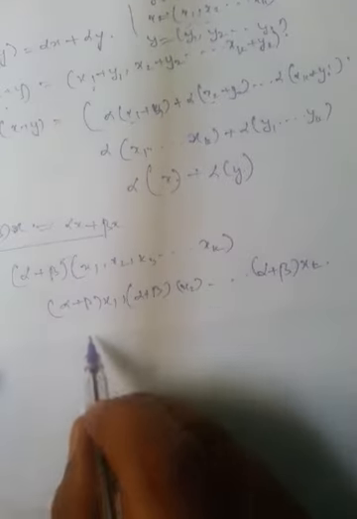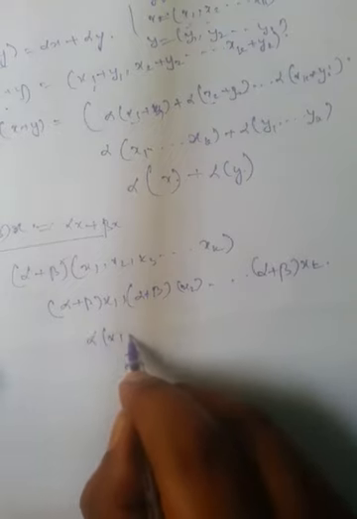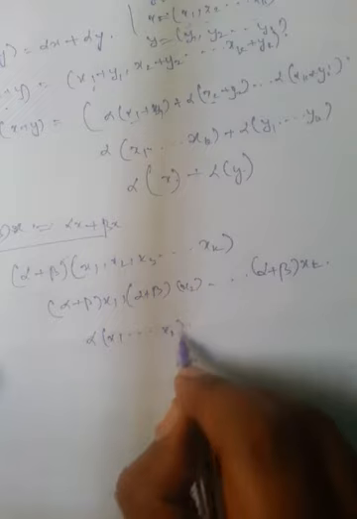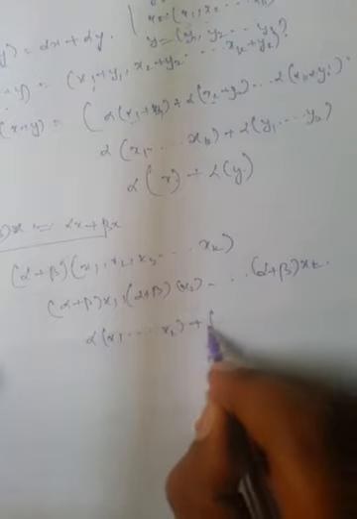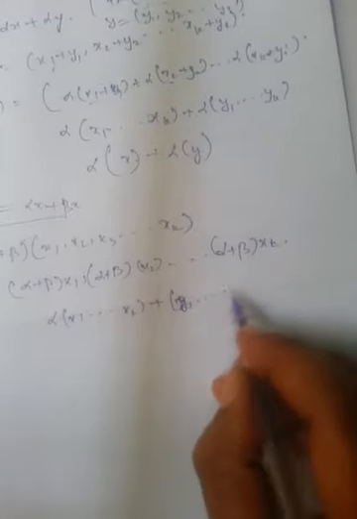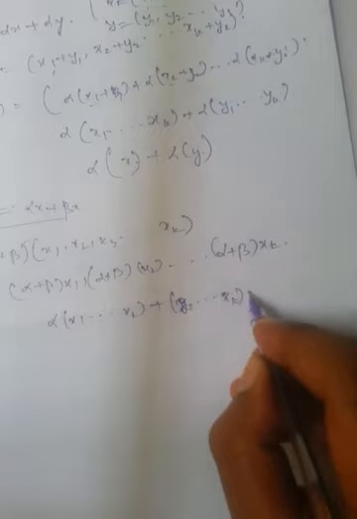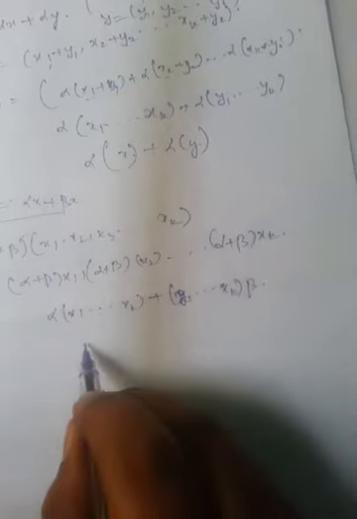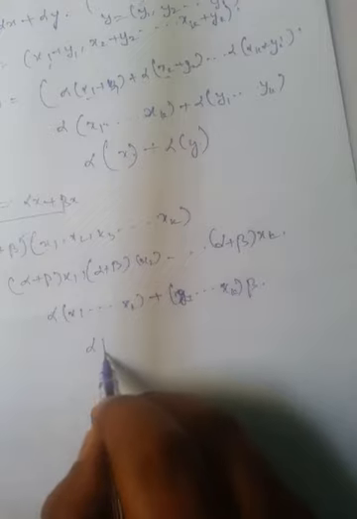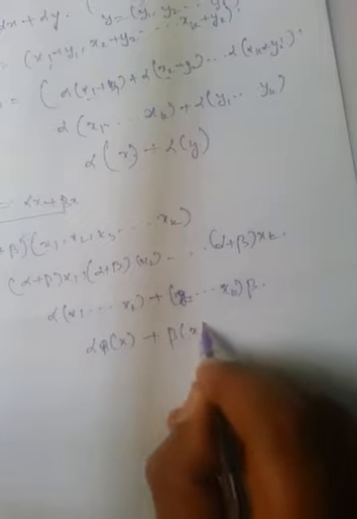From this we have all the alphas with x1 up to xk, and all the x's together with beta. From this we have alpha x plus beta x. This is what we got.